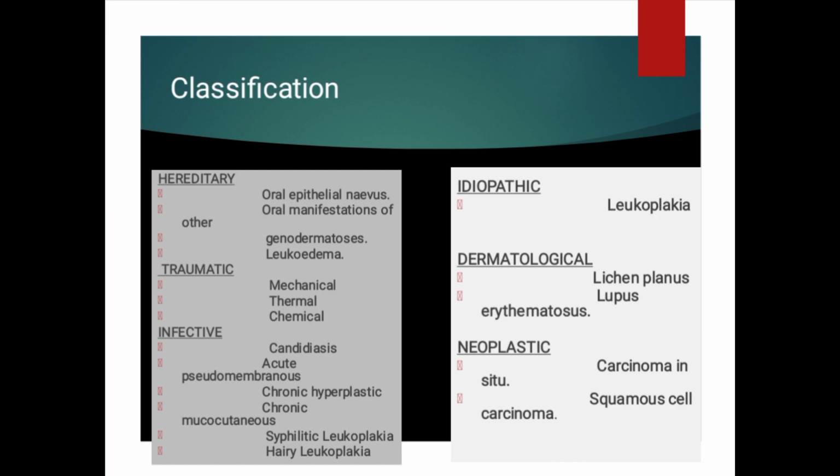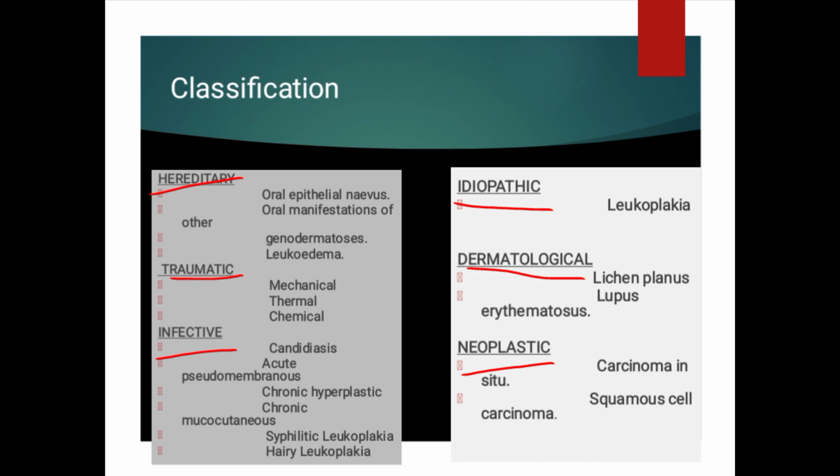Moving towards the very important classification of keratosis. Number one is hereditary, then traumatic, then we have infective, idiopathic, dermatological, and neoplastic. In hereditary we have oral epithelial nevus, oral manifestations of other genodermatoses, and leukoedema. In traumatic we have mechanical, thermal, and chemical.